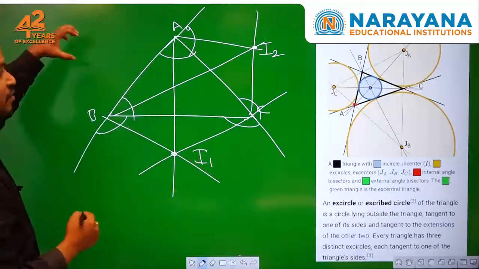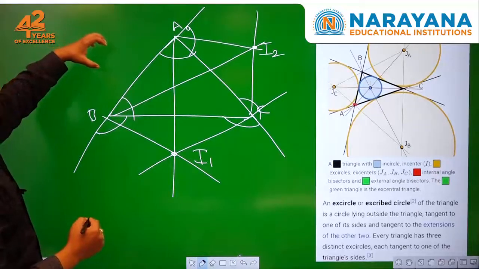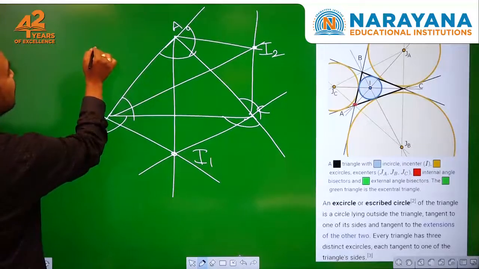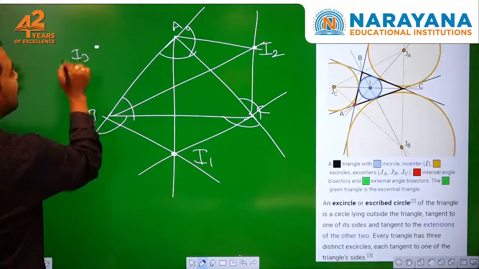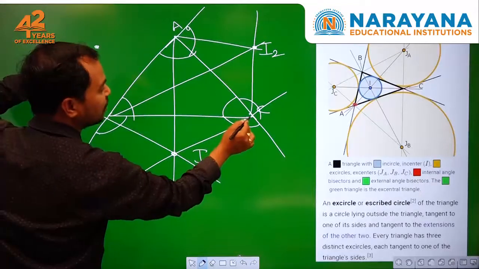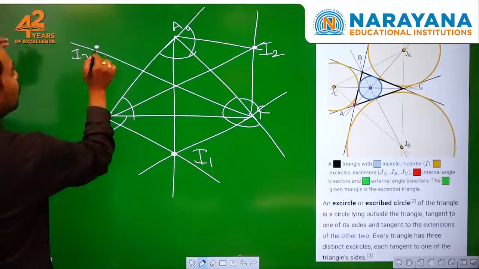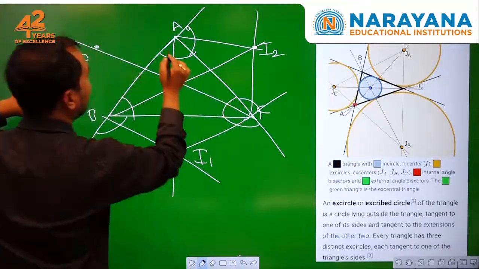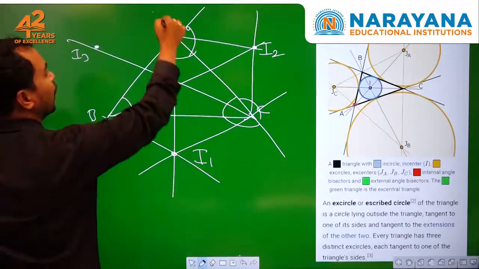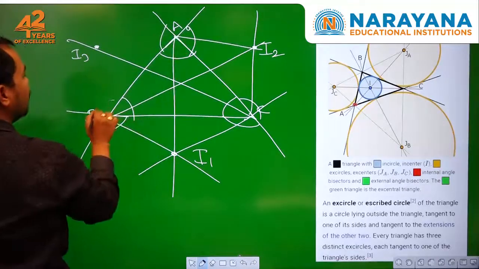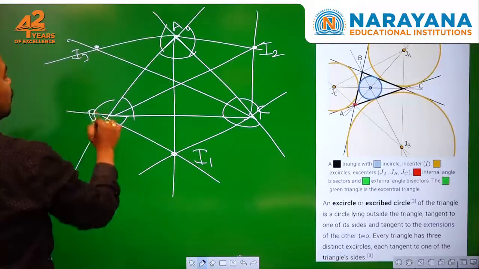And similarly there will be a third excircle or excenter which is opposite to C, denoted with I3. So I3 is formed by the internal angular bisector of C and the external angular bisectors of A and B, like this.